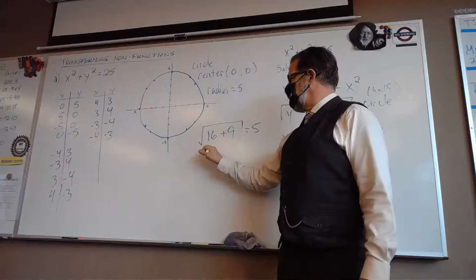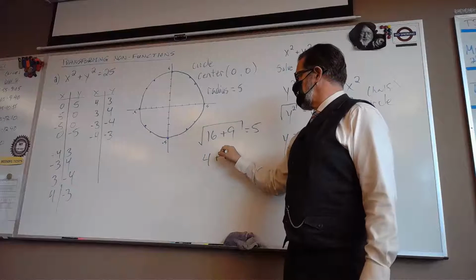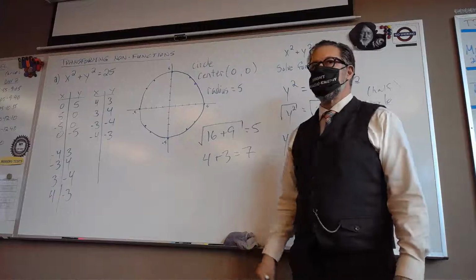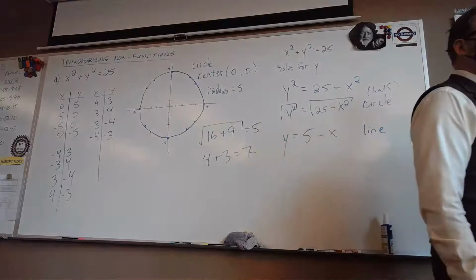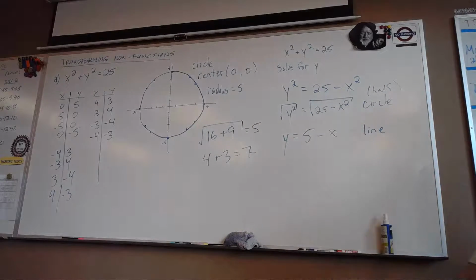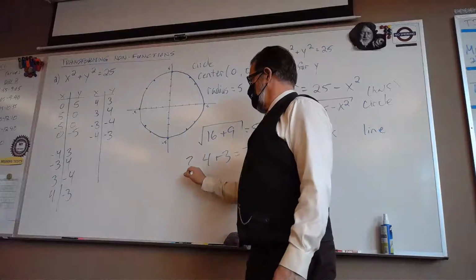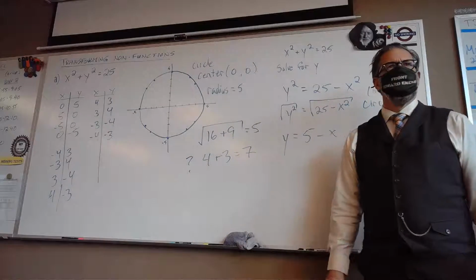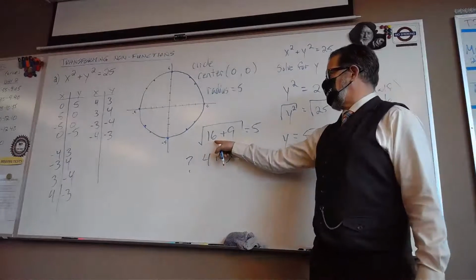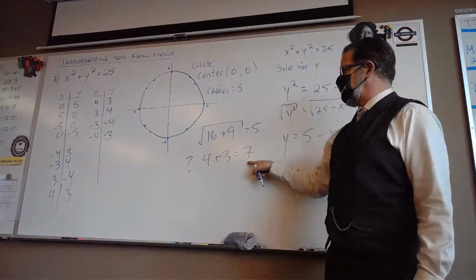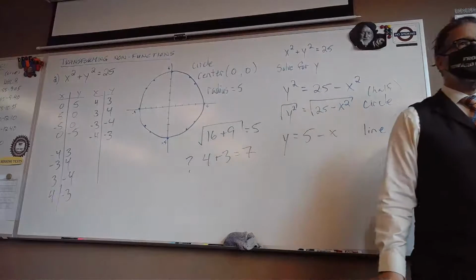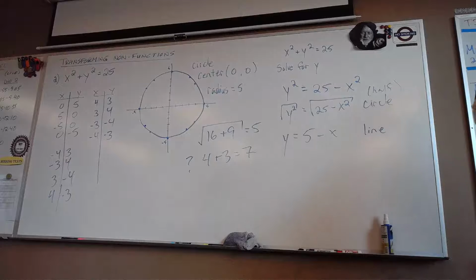Well, why isn't this 4 plus 3, which is 7? I mean, square root of 16 is 4, square root of 9 is 3, so that should be 7, right? Am I lying?